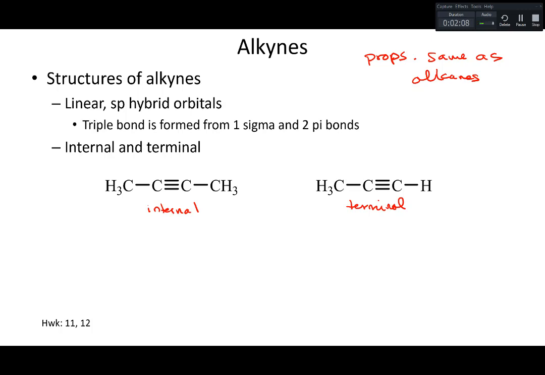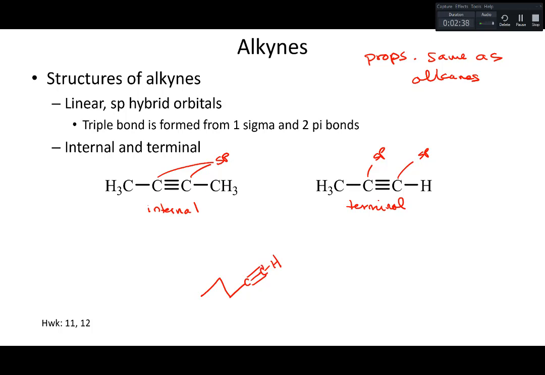So this carbon is sp, as well as that one, and this one would be sp, sp. And remember, sp hybridization means they're linear. So a lot of times when you see a loose structure drawn of an alkyne, you'll see that done. And it does look weird because you do get used to having that zigzag in the line.